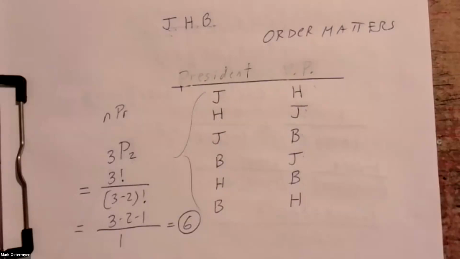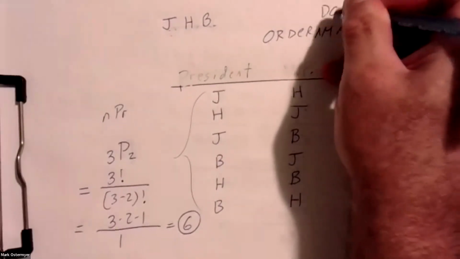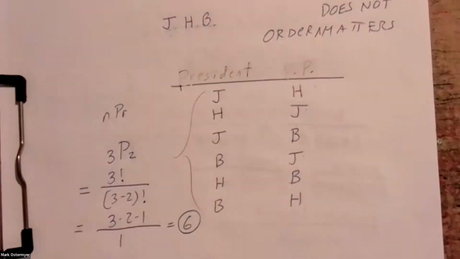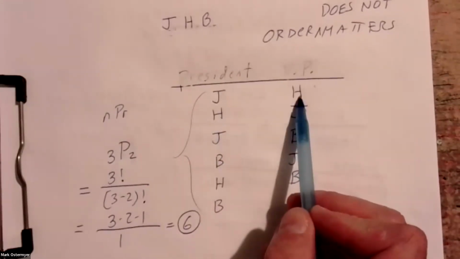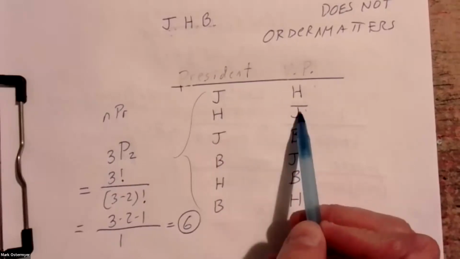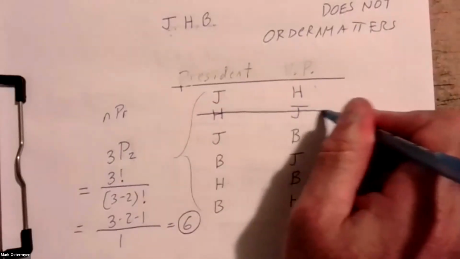Order does not matter. If order does not matter, how many different ways can I select two people from three? Jill and Hector could be on my tennis team, or Hector and Jill. But Hector and Jill is the same as the team of Jill and Hector. We get rid of this one.